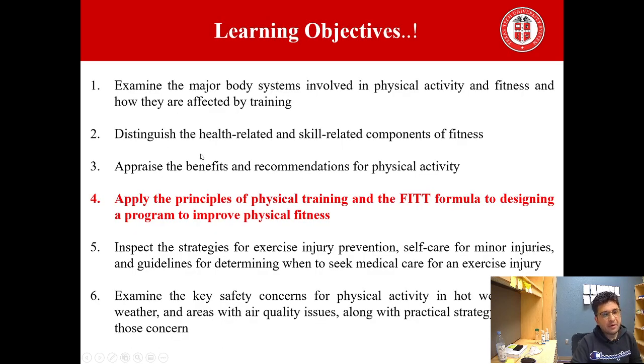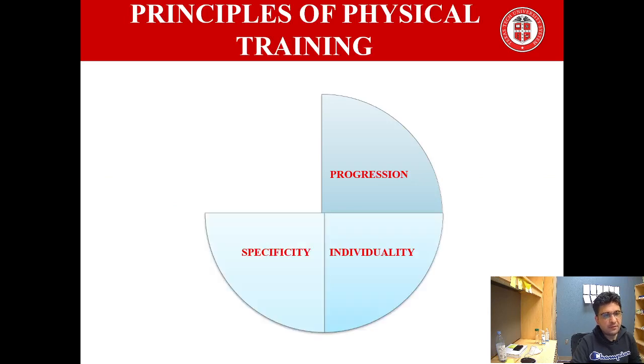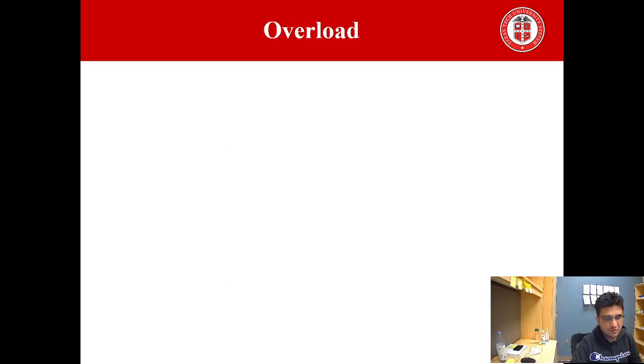If you remember our class on Tuesday, we have been trying to study the principles of physical training and the FITT formula to design endurance training programs and resistance training programs. The first thing we talked about is overload, and then we talked briefly about progression, specificity and individuality.